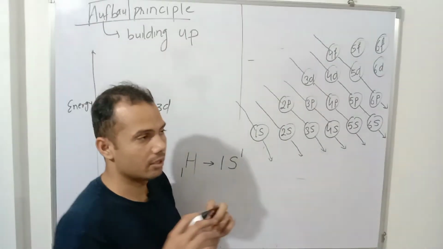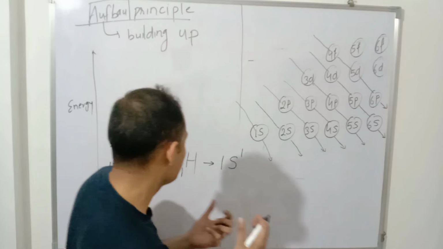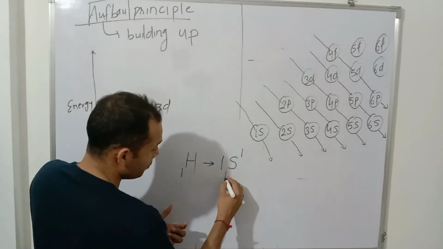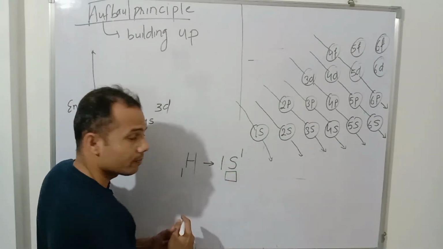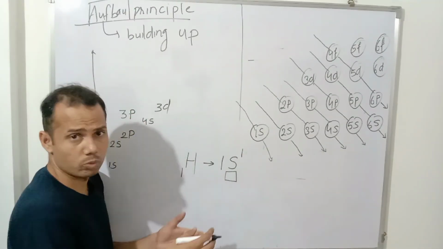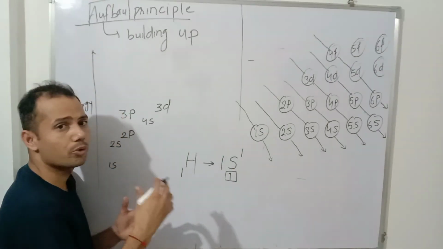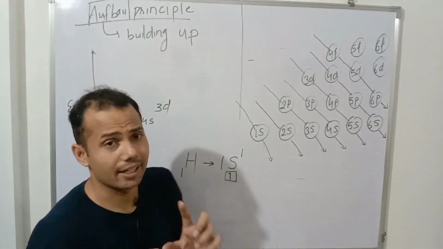You can also represent that orbital by a box. For example, in the case of an s orbital, you can put only one box, and that one electron you can show by an arrow, a half-hooked arrow, like this.